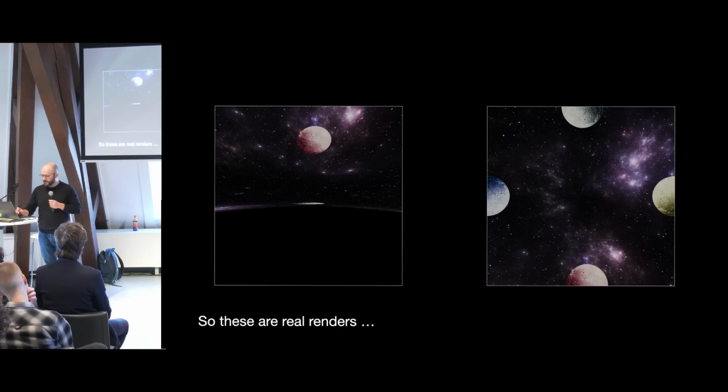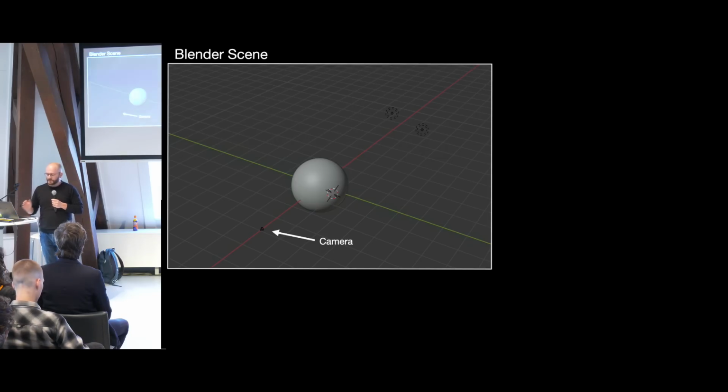But let's look at some other examples and how this works in Blender. It's actually ridiculously simple what I've set up. It's a camera and it's a sphere. That's all. That's the whole Blender scene. And this sphere actually represents the part of the space that is curved.